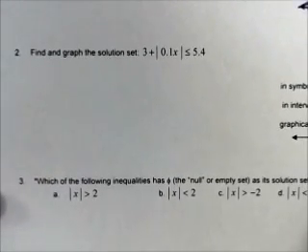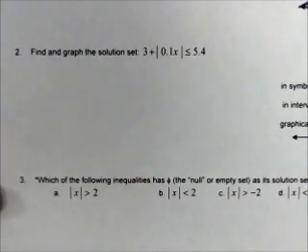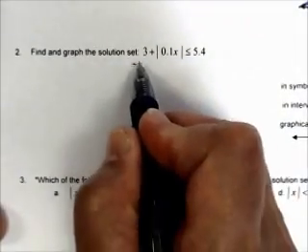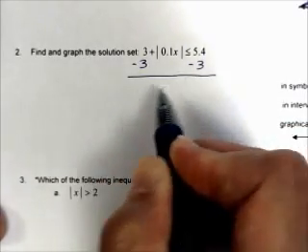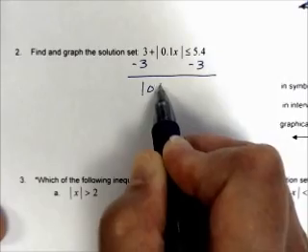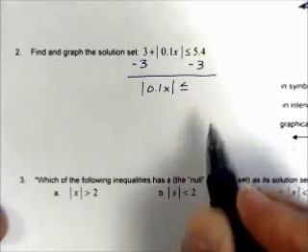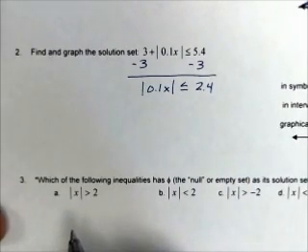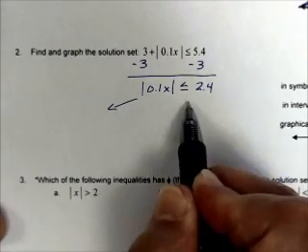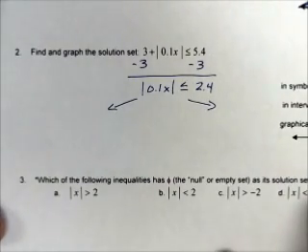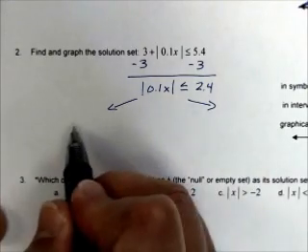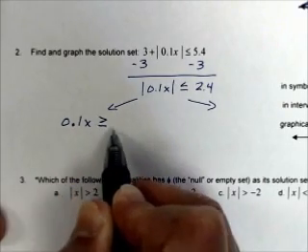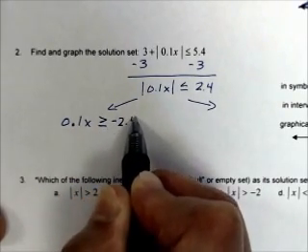The next example, number 2, again, isolate, so subtract 3 from both sides. The absolute value of 0.1x is less than or equal to 2.4. Split it up into a left arrow and right arrow. 0.1x, switch the inequality symbol, is greater than or equal to negative 2.4.